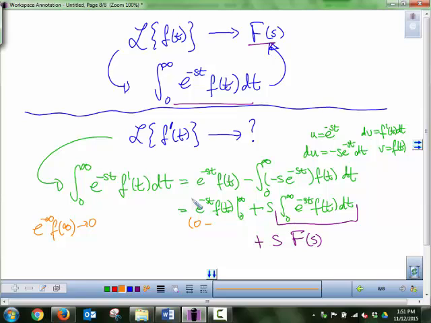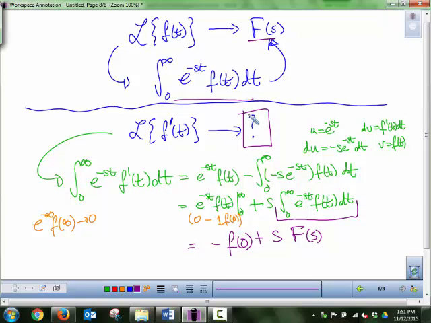Does that disappear? It doesn't totally disappear, does it? E to the 0 is 1, and then f, put 0 in for t. This looks like it's just f of 0. So I think, yeah, that's it. Negative f of 0. That's weird.